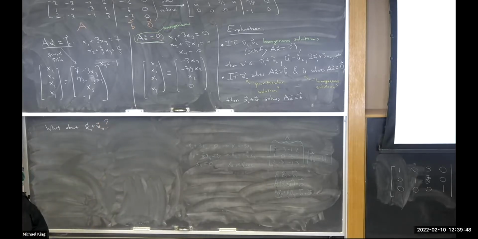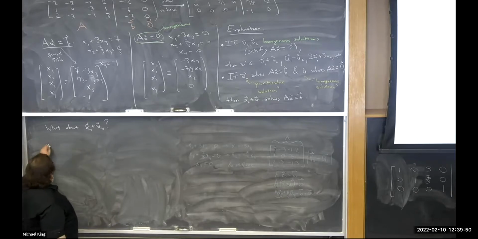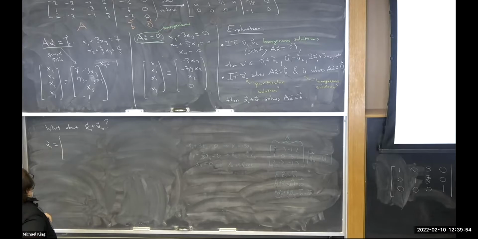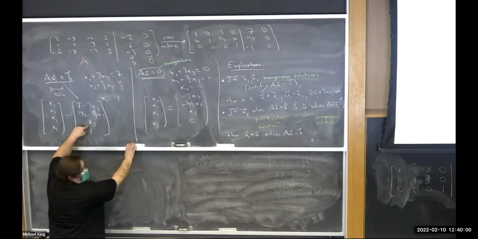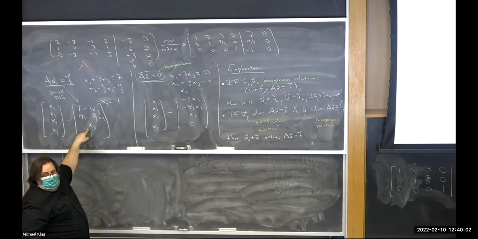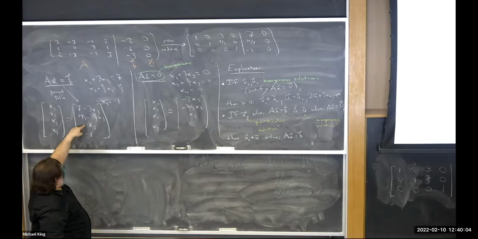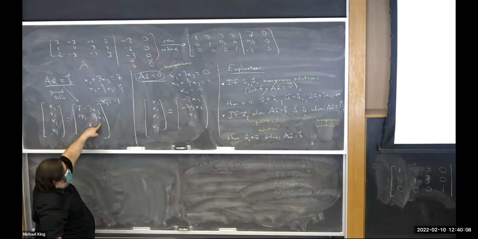So x naught was, what was it, 1, 0, 2, negative 1? Yes. You can actually see it here too. If you plug in x3 is 2, you can recover that specific solution we had on page 1 of the handout. If x3 is 2, then you get 7 minus 6, which is 1, and you get 14/3 minus 14/3, which is 0.